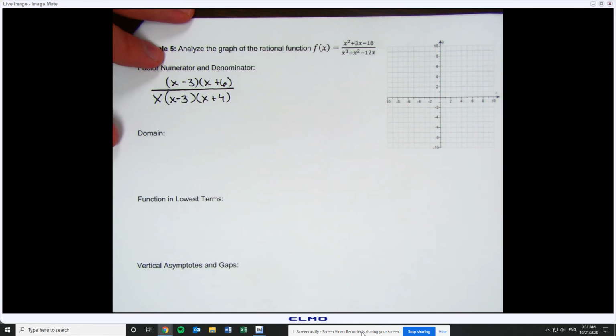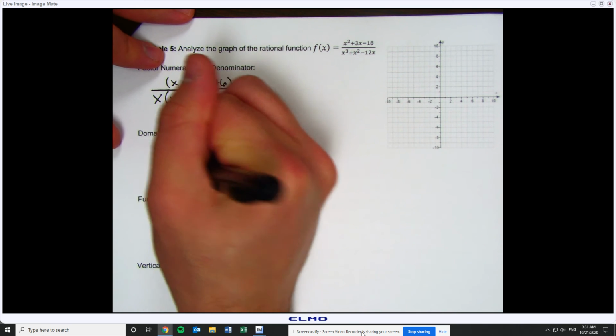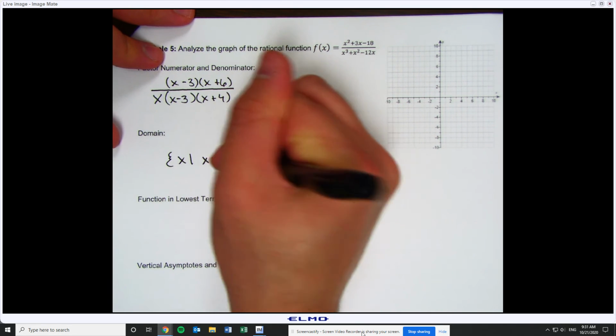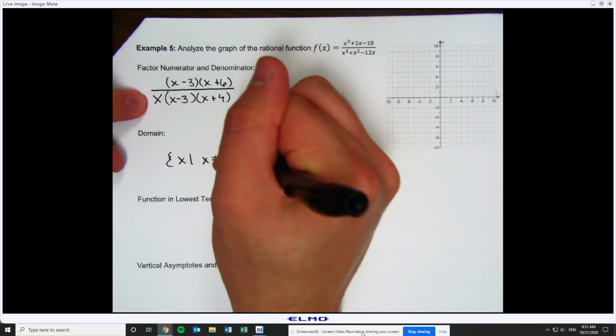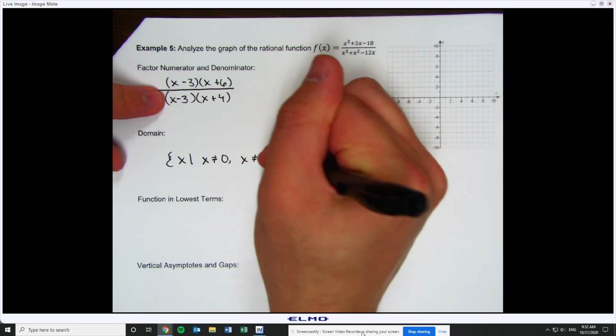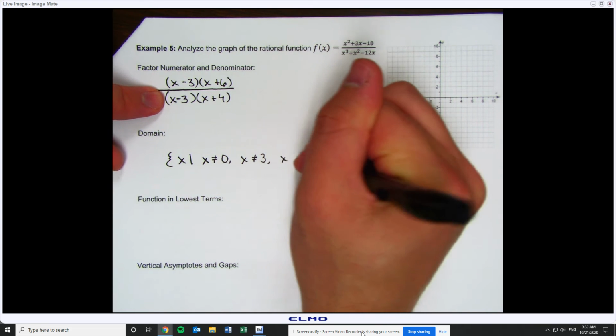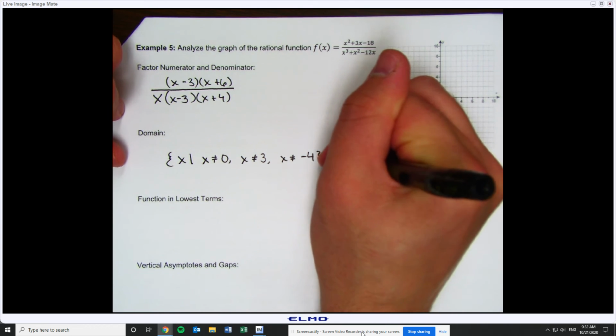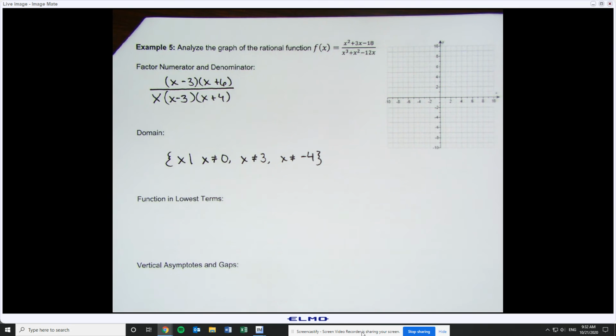So now doing my domain, I know I'm going to have a set of x's such that x does not equal, looking right here, 0. And then right here, x does not equal 3. And then right here, x does not equal negative 4. All done.